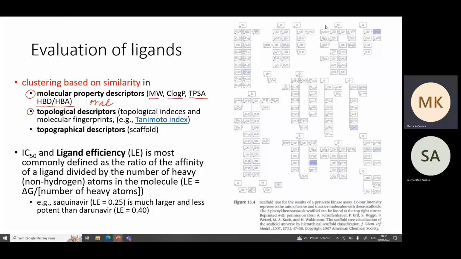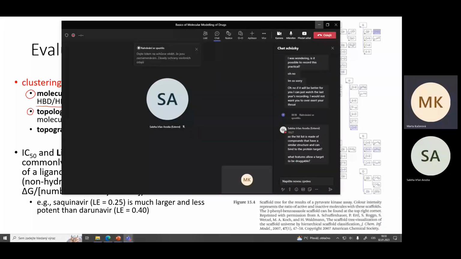They are clustered on the type of scaffold, which means, for example, an aromatic feature or a bicycle in the molecule, and grouped together. And the blue rectangles are the active compounds. So we can explore what scaffold in the molecule is suitable to be present in the structure.